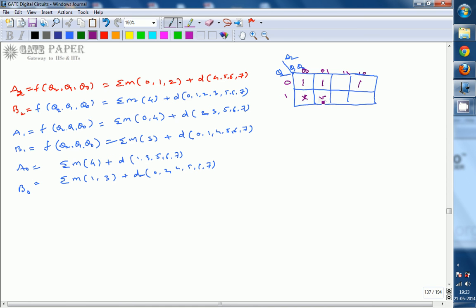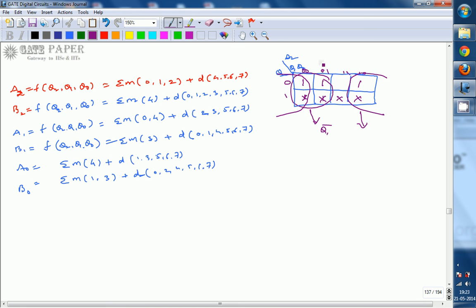So you can go in this way: these two are combined to get one term, that is nothing but q1 bar. And these two can be combined, so that what you are getting is 0 0, that is q naught bar.